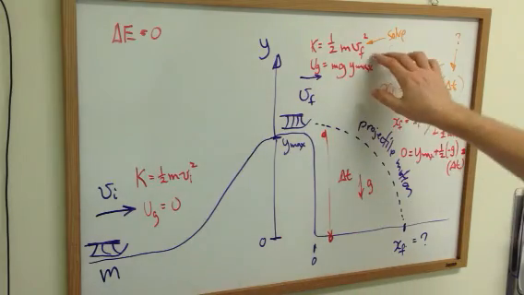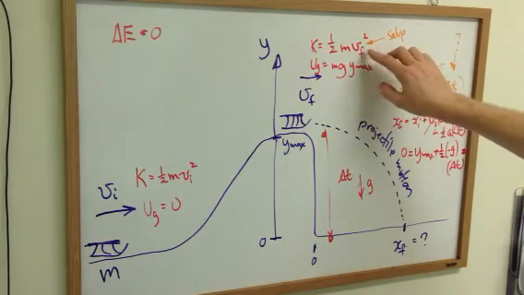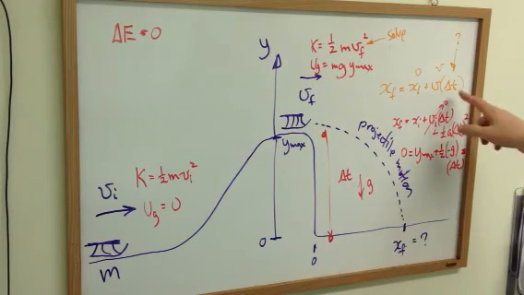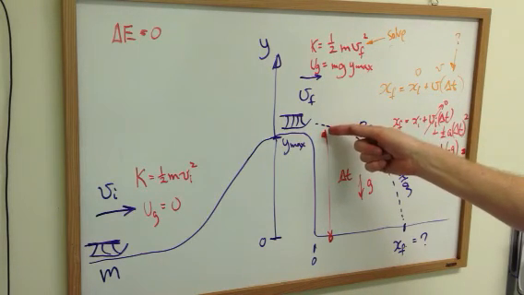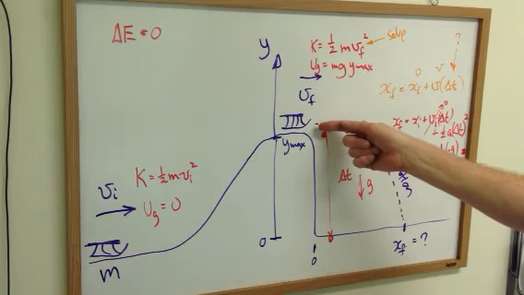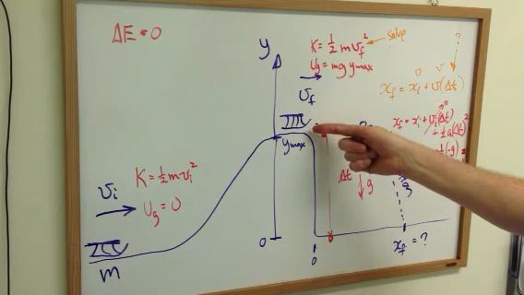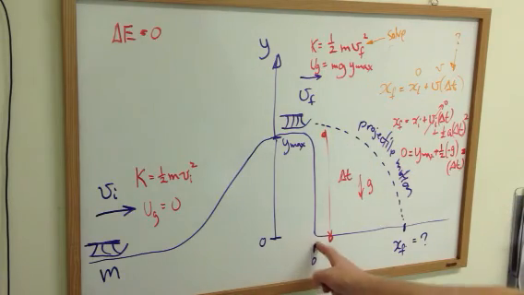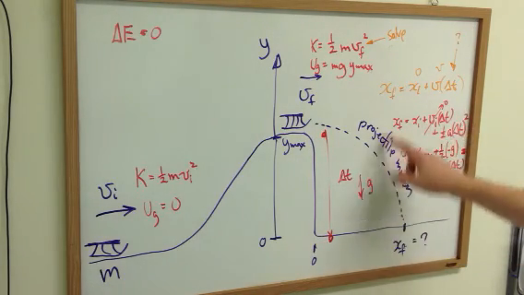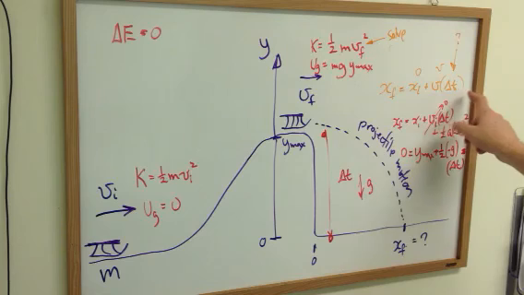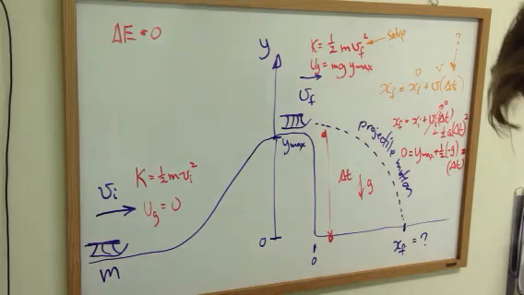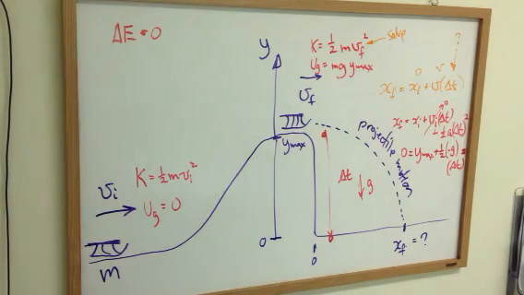If we track those changes, we can figure out how fast he's going off the edge. And if we figure out how long it takes to fall to the ground from a stationary vertical velocity up here, using this kinematic equation in the vertical direction, we can figure out the time. Combine those together and you can figure out how far the sled is going to launch.